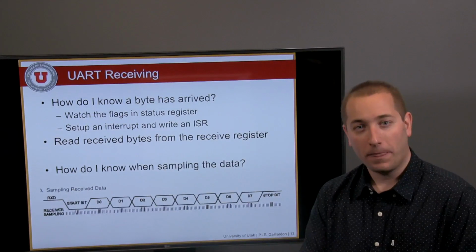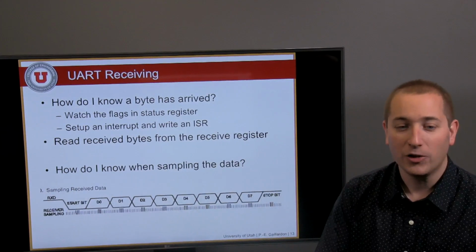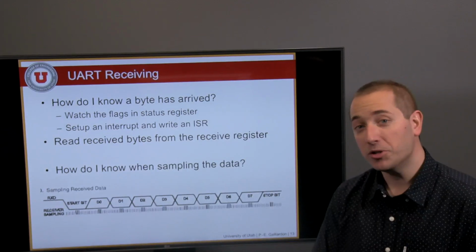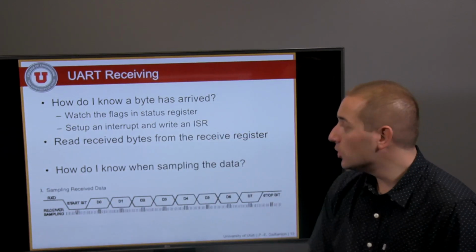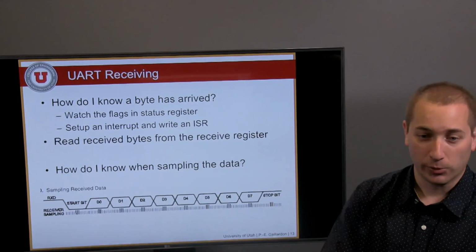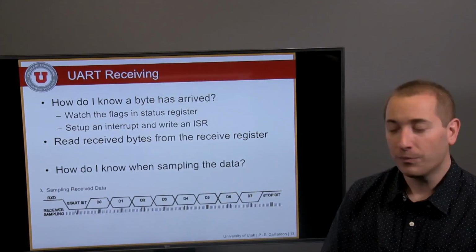What happens when you're receiving some data? How do you know when your UART module has properly received a byte of information? Well, you have two options as usual. The first option will be to watch the flag in your status register using a polling loop or polling request. If your flag is equal to 1, you have some data available to read.